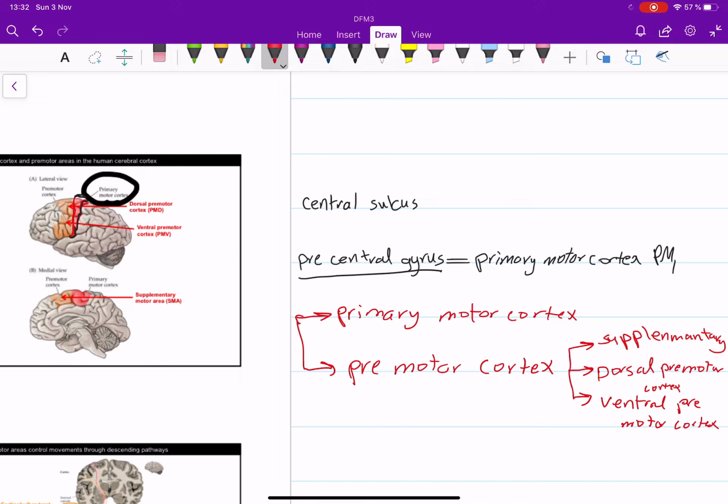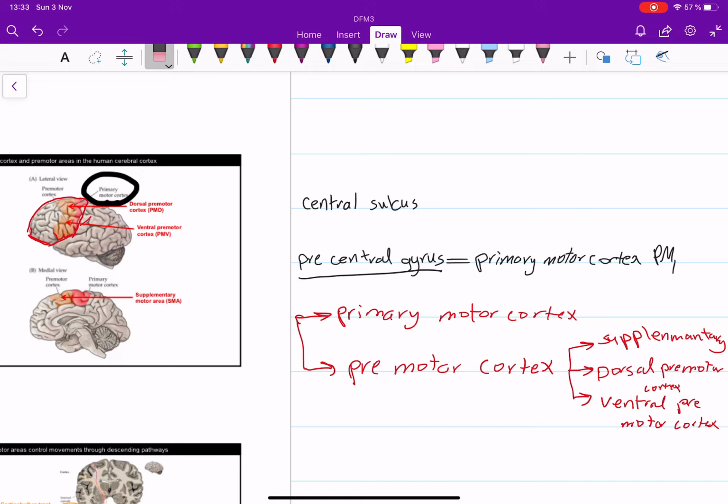So we said that this area here is the primary motor cortex. So where is the premotor cortex? The premotor cortex is before the primary motor cortex, at the frontal lobe. So here, this lobe is called the frontal lobe. This lobe is the occipital lobe, temporal lobe, parietal lobe here.